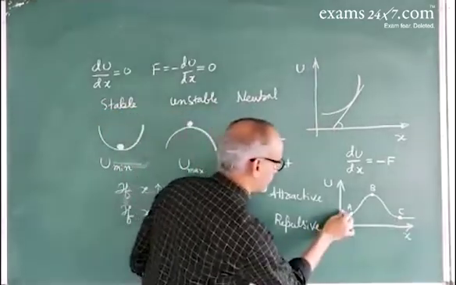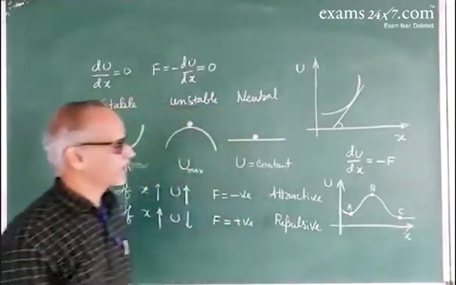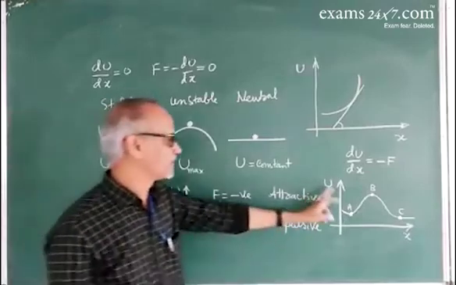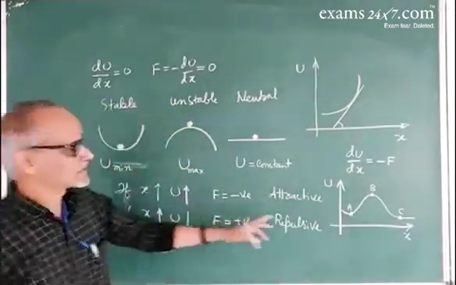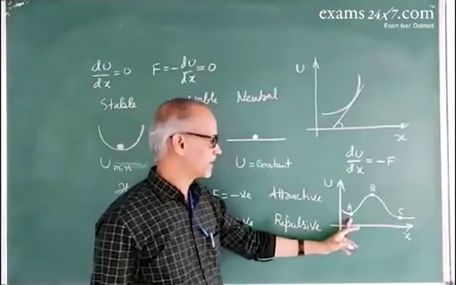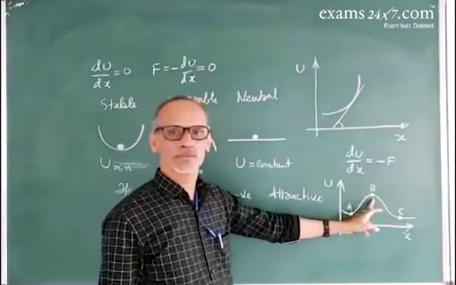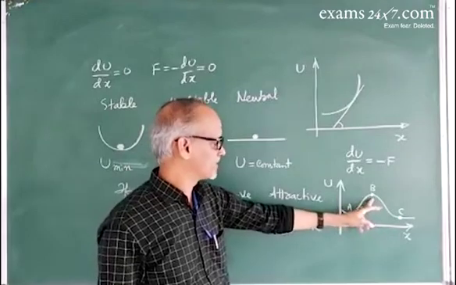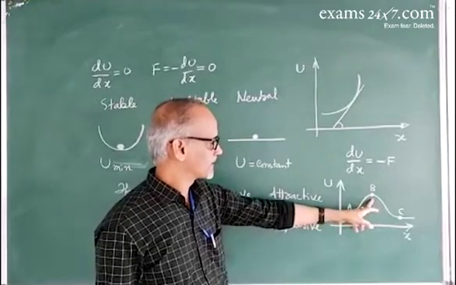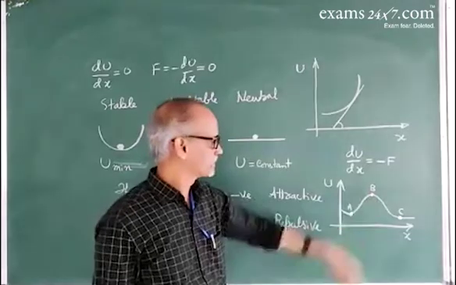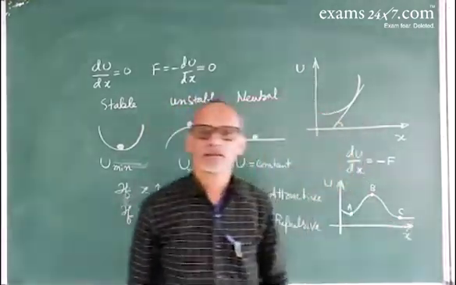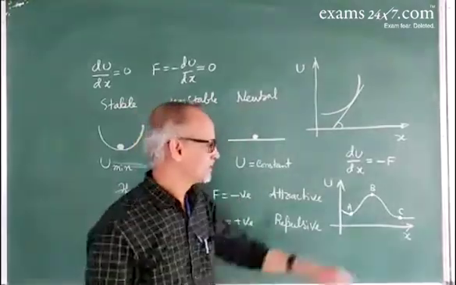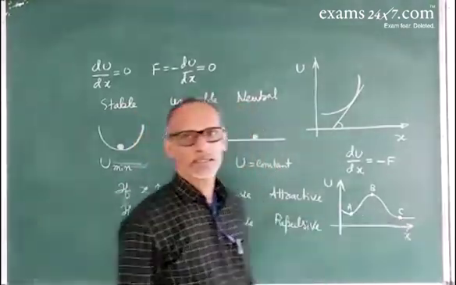So in this graph, you get to see at point A, the potential energy is minimum. That means the body is in stable equilibrium at A. At B, you see that the potential energy is maximum. So the body is in unstable equilibrium. And at C, you can find the energy is constant. That means the body is in neutral equilibrium.